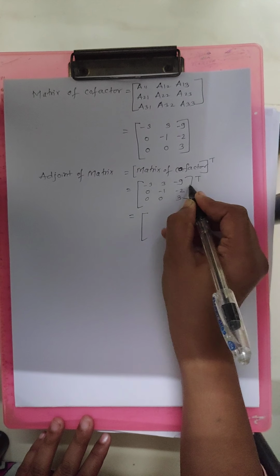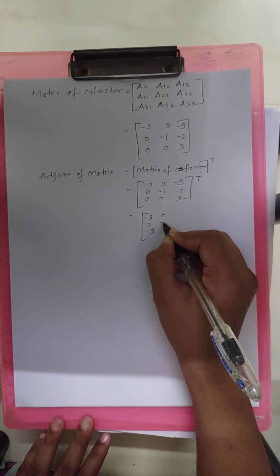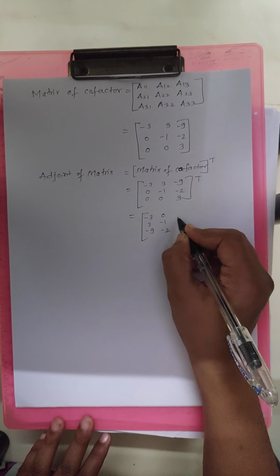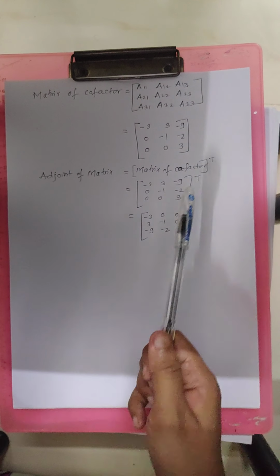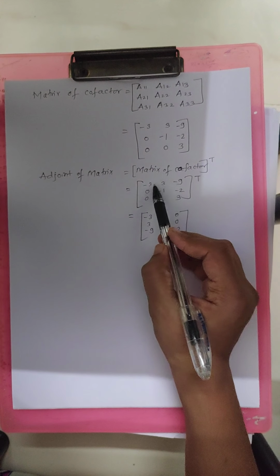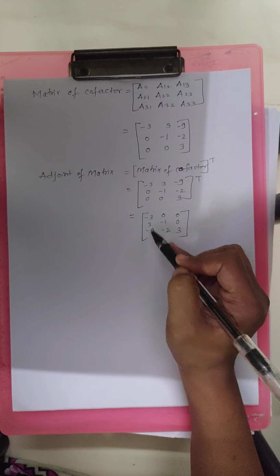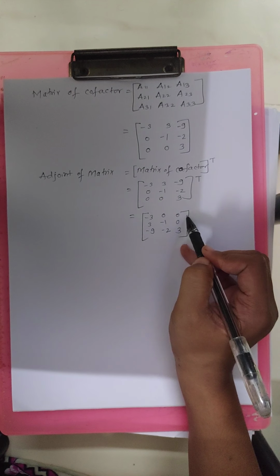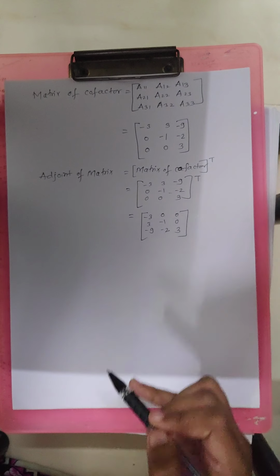The rows will become columns: minus 3, 3, minus 9. The second row will become the second column. The third row will become the third column. So how to find the adjoint of the matrix? You have to transpose the cofactor matrix. How to transpose? Row and column are interchanged. The first row will be the first column, the second row will be the second column, the third row will be the third column.